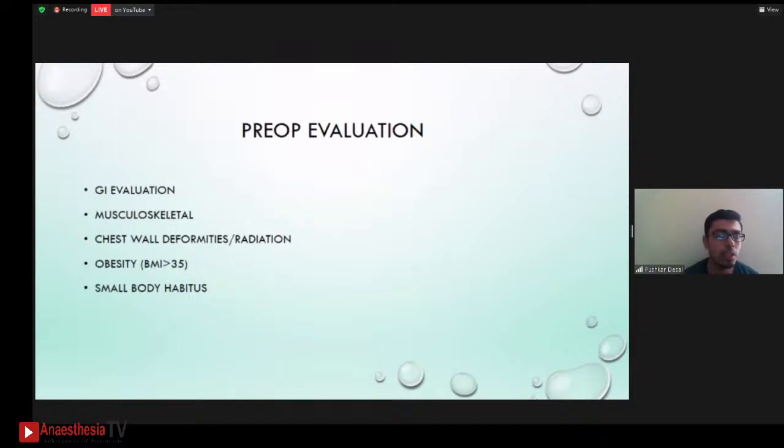Extreme obesity, that is morbidly obese patients, also poses a relative contraindication for MICS, as does a small body habitus, where the diameter of the intrathoracic cavity is less, so the space available for the surgeon is less. So these are all relative contraindications for the surgery.